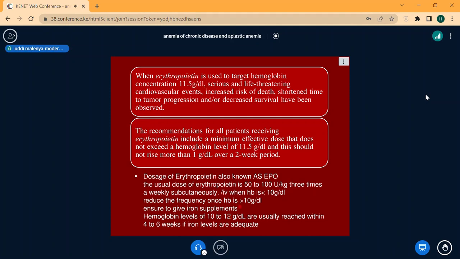Ensure you give iron supplements, and parenteral iron is better than oral, because oral iron will take time to be incorporated into the iron stores. Hemoglobin levels between 10 to 12 grams per deciliter are usually reached within 4 to 6 weeks, if iron levels are adequate. So iron must always be supplemented in this patient. Thank you.